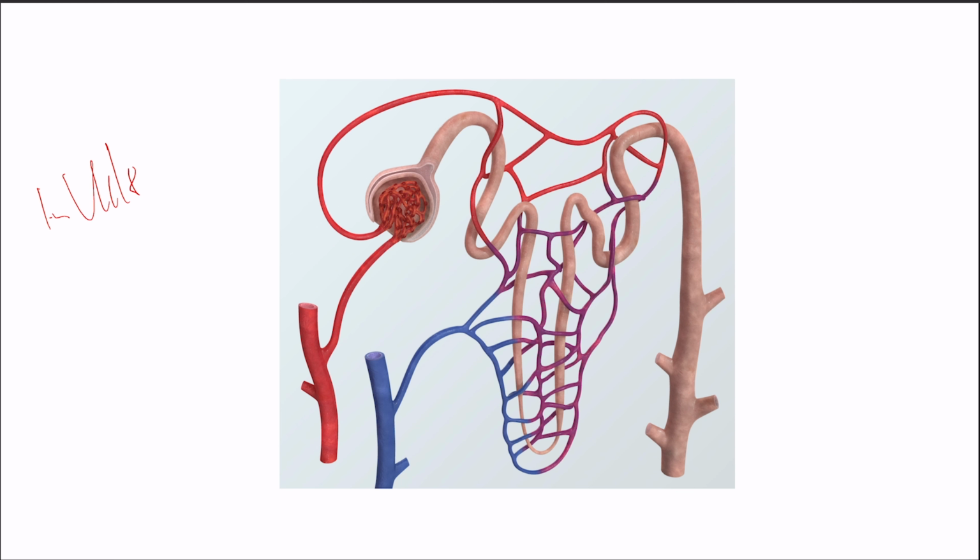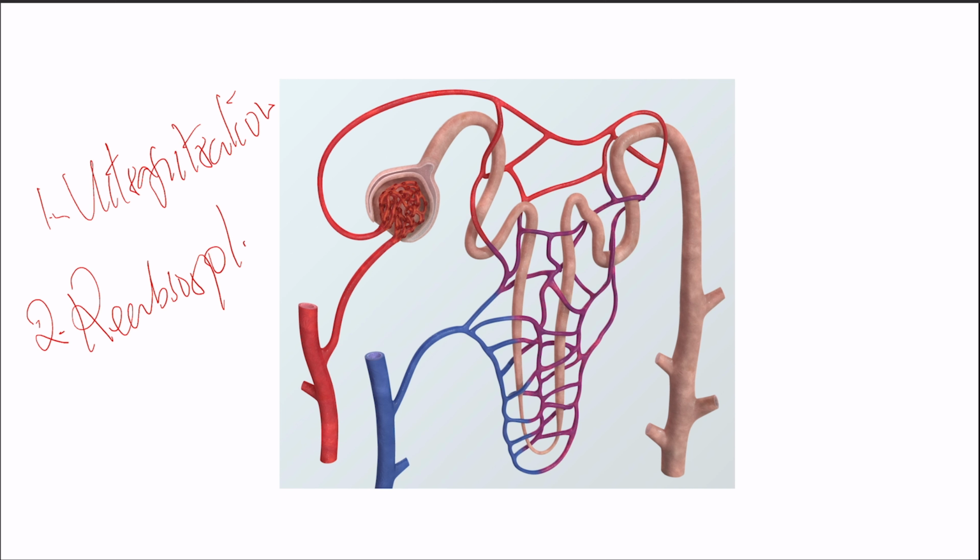One is ultrafiltration, two, reabsorption. Ultrafiltration takes place at the glomerulus, whereas reabsorption occurs along the kidney nephron tubules.